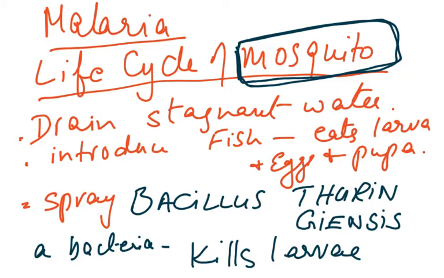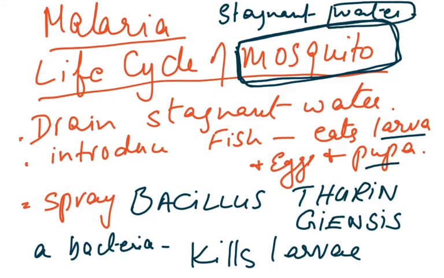So we know the life cycle of the mosquito. Mostly the eggs are laid on stagnant water, and then after a few days the larvae hatch out. The larvae feed and the pupa does not feed. So the eggs, larvae and pupa are in the stagnant water.